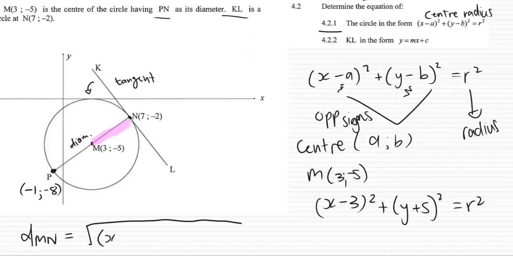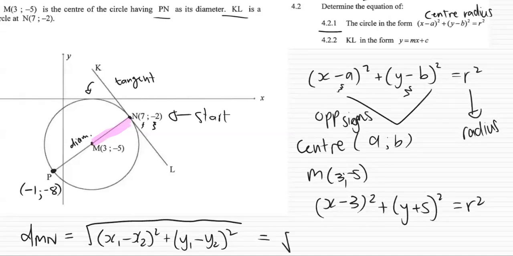Distance formula is the square root of (x1 minus x2) squared plus (y1 minus y2) squared. And remember, if you start on N, you start on the x of 7, and you're also going to start on minus 2. So order matters because of these negatives.